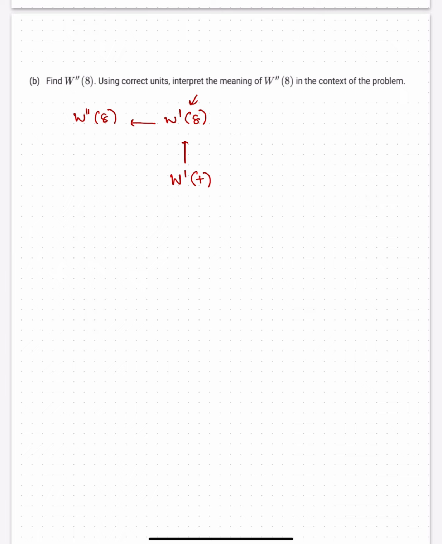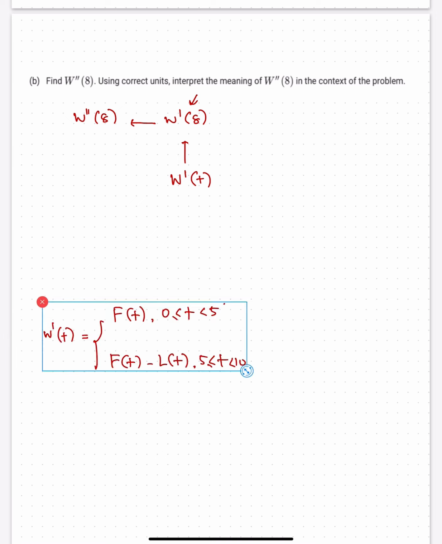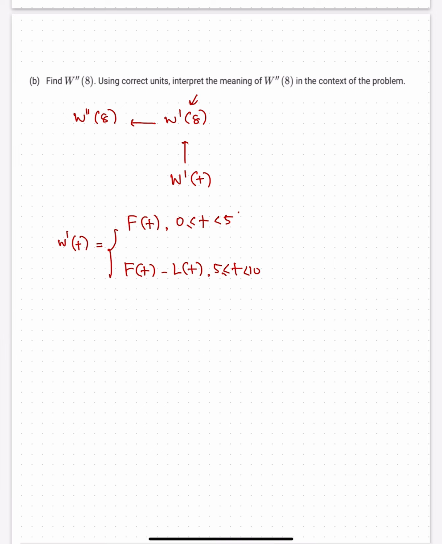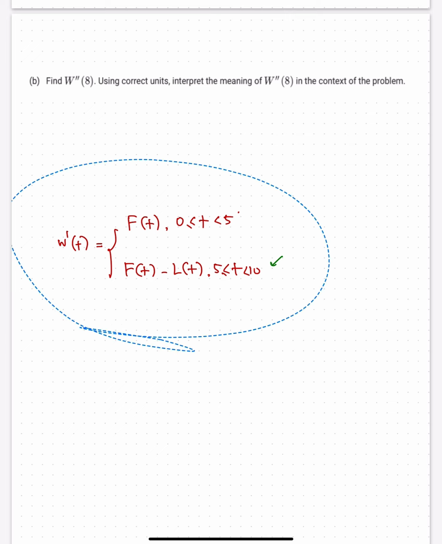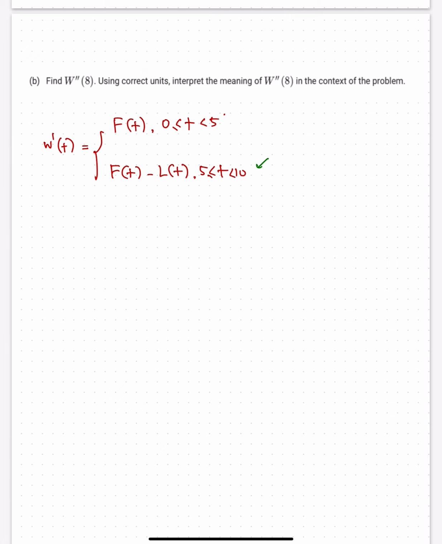And then we have to choose between two functions. Which one? We have to choose this, right? Then this. Okay, so we can do it now. Here, at t equals 8, W prime of t equals f of t minus L of t.